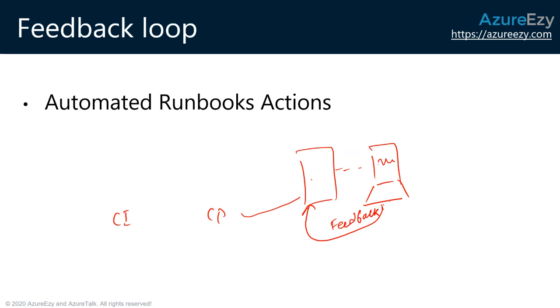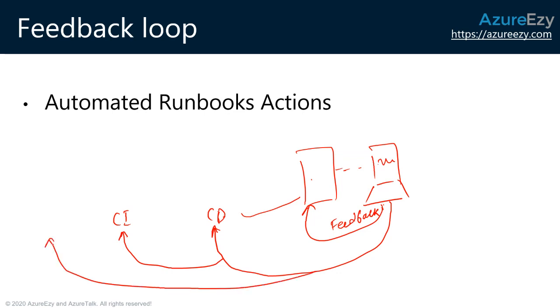Now this feedback, we have already discussed, cannot be limited to just one place. It may be possible that we need to take care of those feedbacks in CD, or in CI, or there might be certain types of feedback which may be implemented only at the code level.